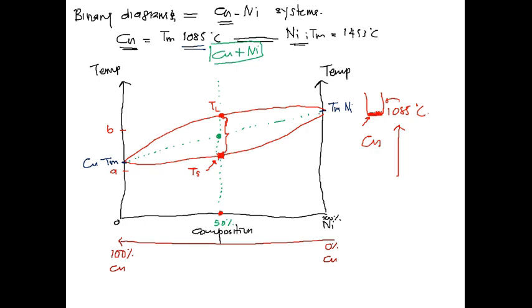Tapi kalau you perasan, dia baru start to melt. Okay, ada lagi yang belum melt. Betul tak? Ada yang dah melt, ada yang tak melt. So, sampai habis semua ni melt, okay, so the temperature will remain constant. Okay, faham tak?